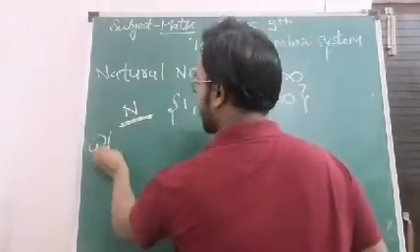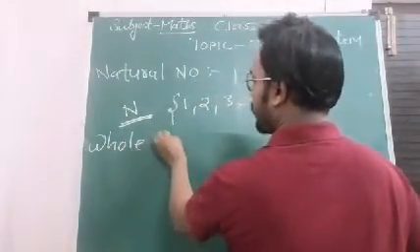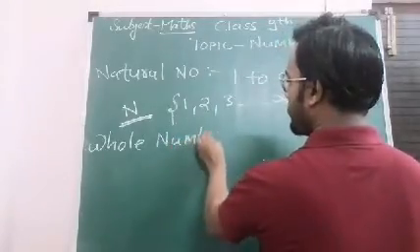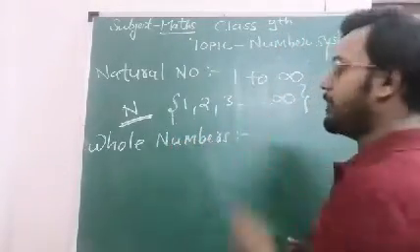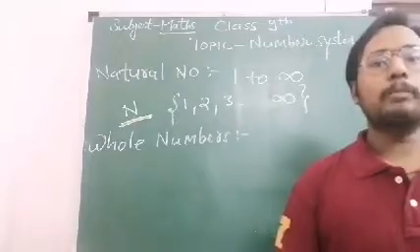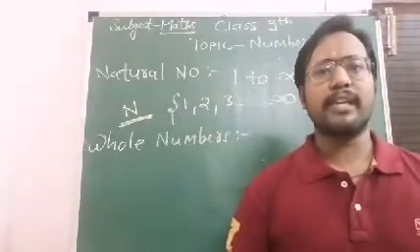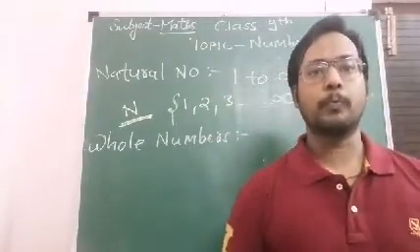Now whole numbers. What is a whole number? A whole number is basically nothing other than natural numbers, but including zero.